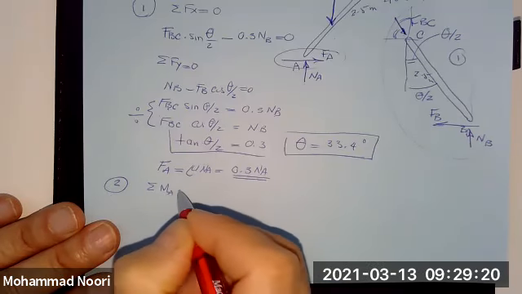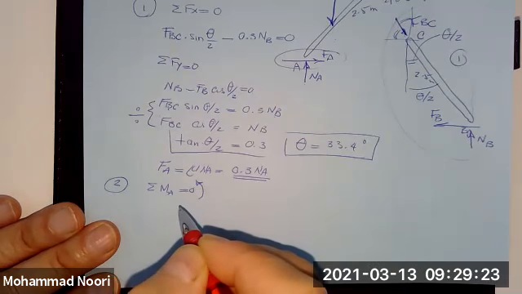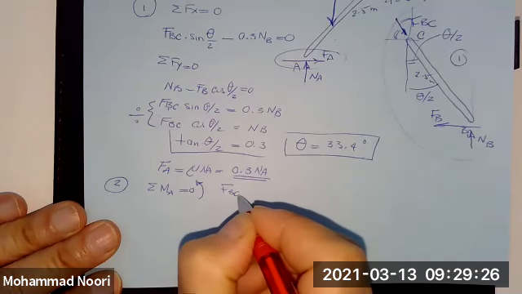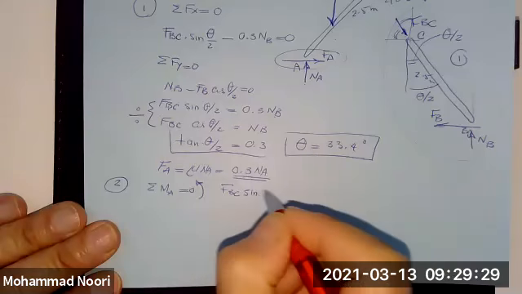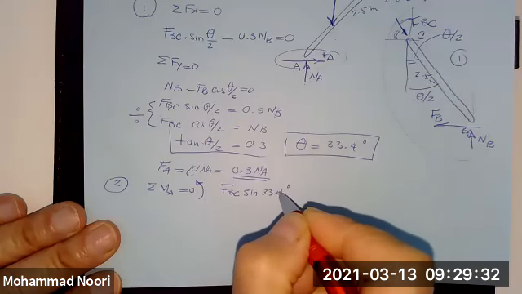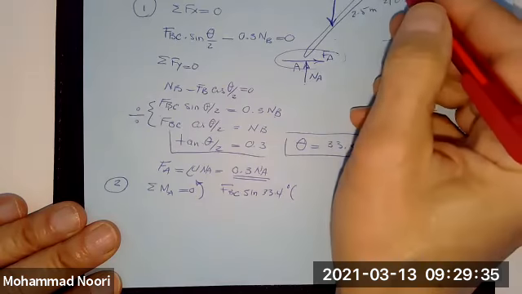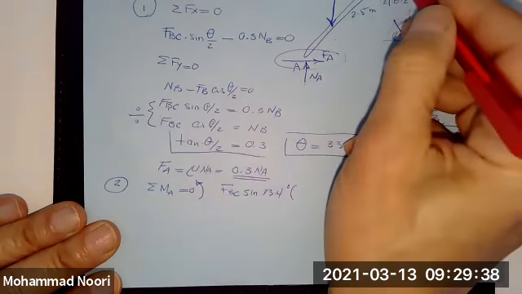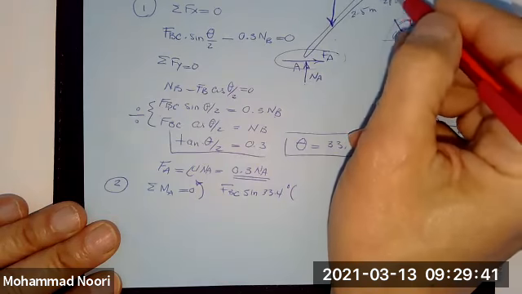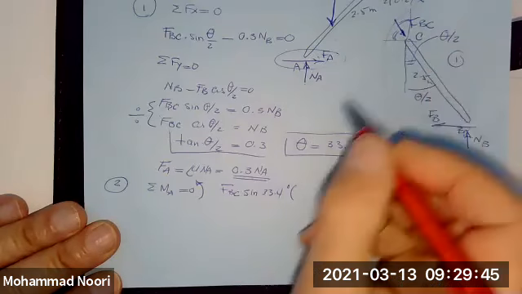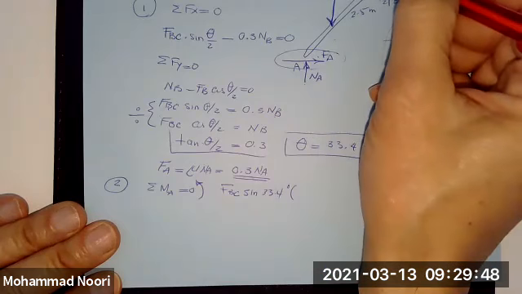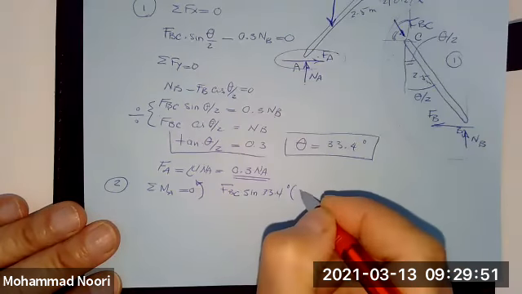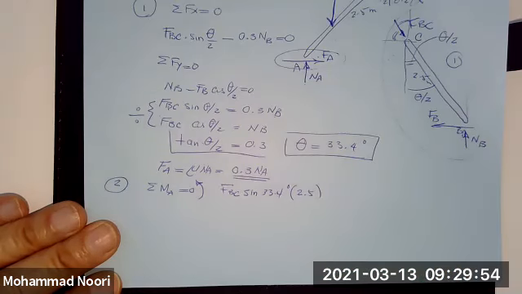I go to free body diagram number 2. I take summation of moments about A is equal to 0. If I do that, I have FBC sine of theta over 2, which is 33.4, times the distance, which is given, 2.5. I forgot to give that to you.